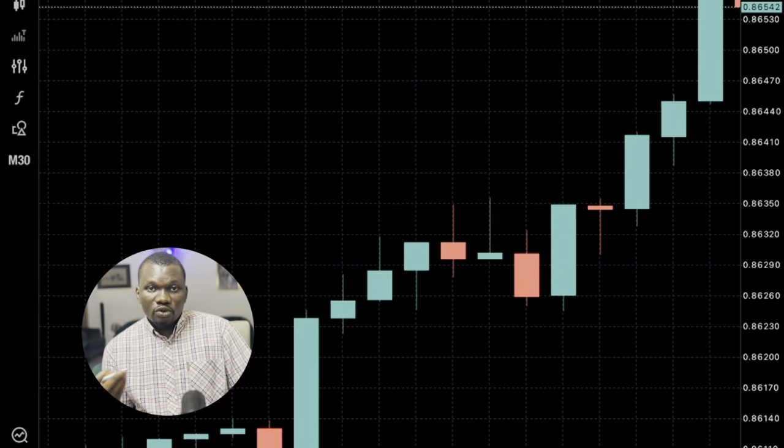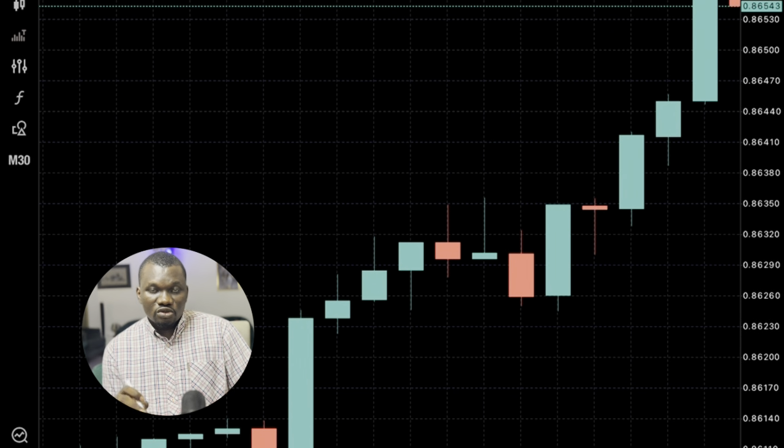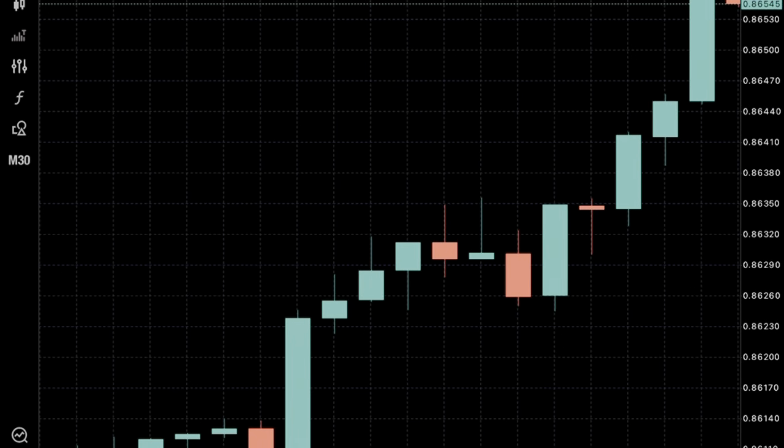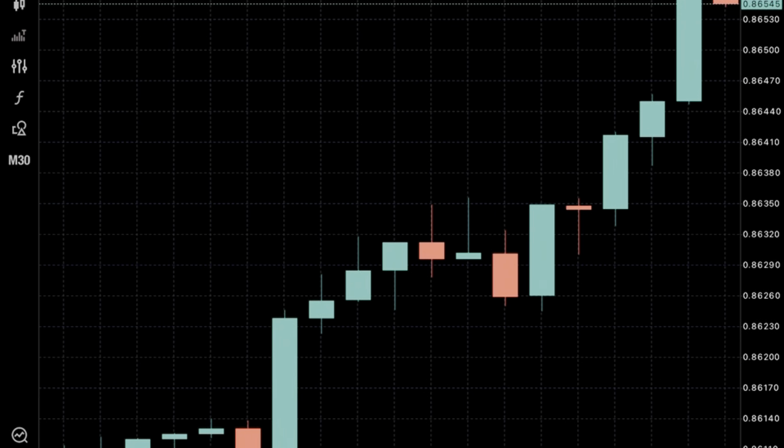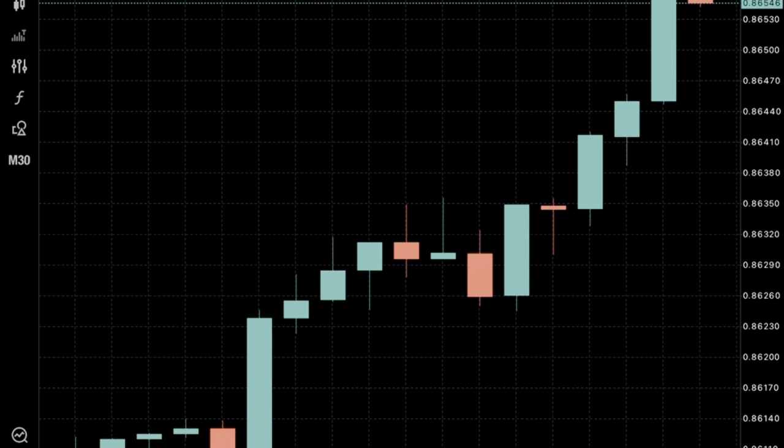This shows rejection, a high rejection of the buyers, but sellers, understand, they pushed this market down. So that's what it means. And you see, after this, everything was bullish here. Immediately you saw this, you saw that the market went down. So when we start reading candlesticks, I'll explain further.